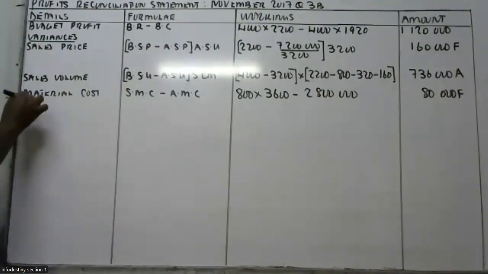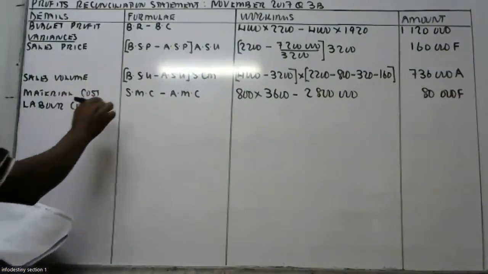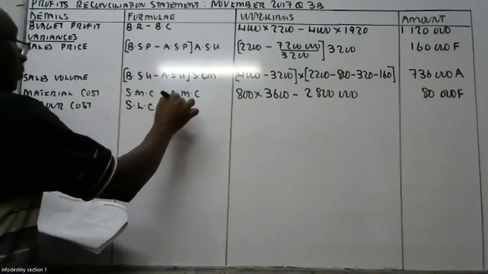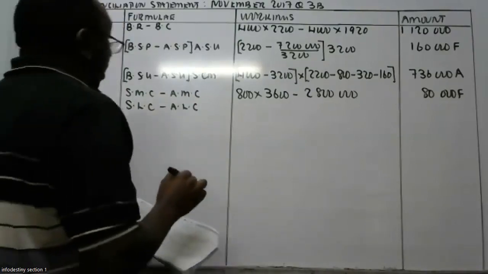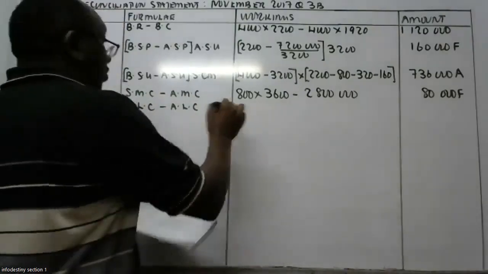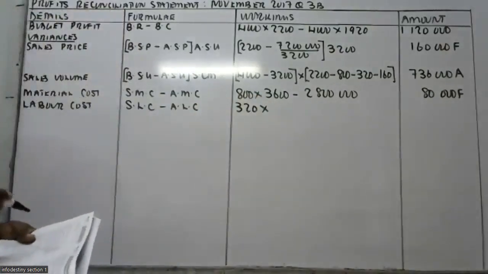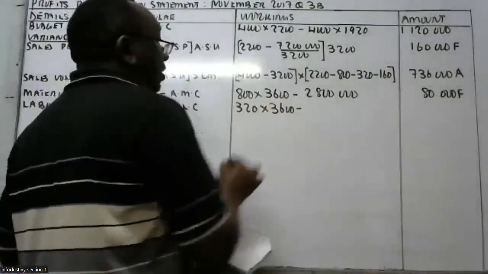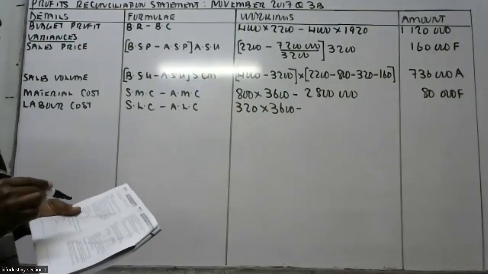The other one is called labor cost. Labor cost is standard labor cost minus actual labor cost. If you look above, the standard per unit is 320. That is the standard labor cost per unit. And the units produced are 3,600. You minus the what?